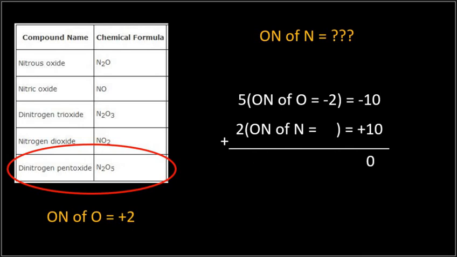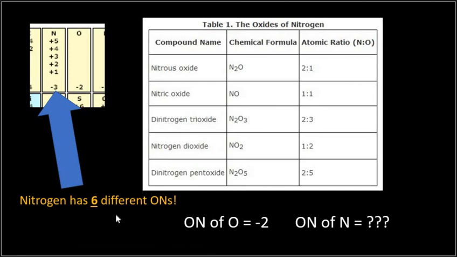Hopefully you can do the math here. It's not too hard. And you should get that nitrogen has an oxidation number of a +5.